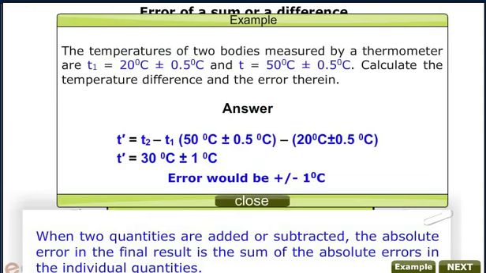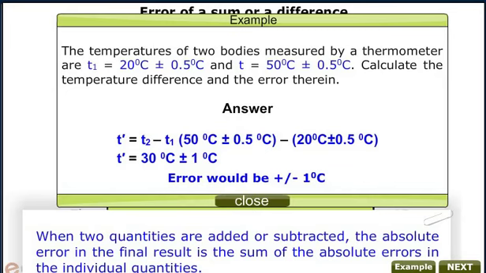Example: the temperatures of two bodies measured by a thermometer are T1 equals 20 degrees Celsius plus minus 0.5 degrees Celsius and T2 equals 50 degrees Celsius plus minus 0.5 degrees Celsius. Calculate the temperature difference and the error therein.